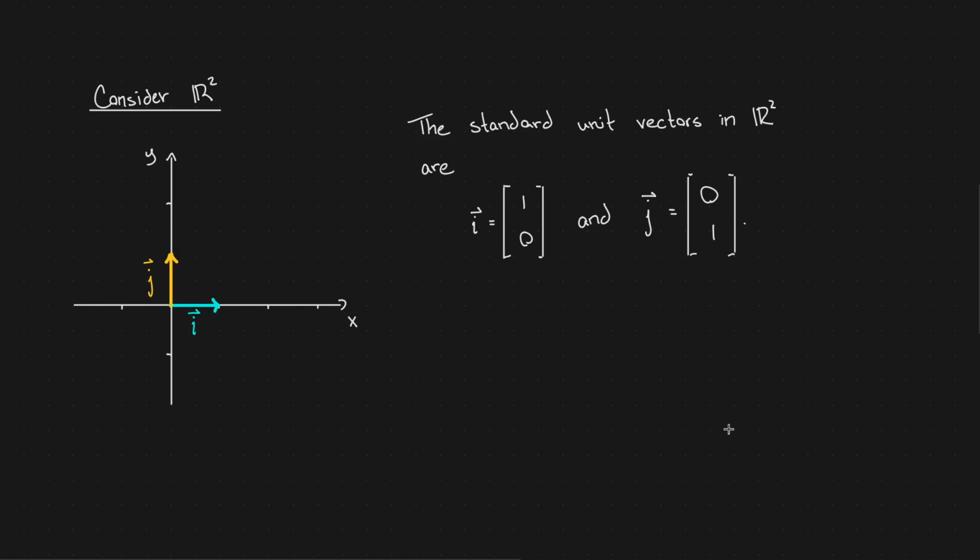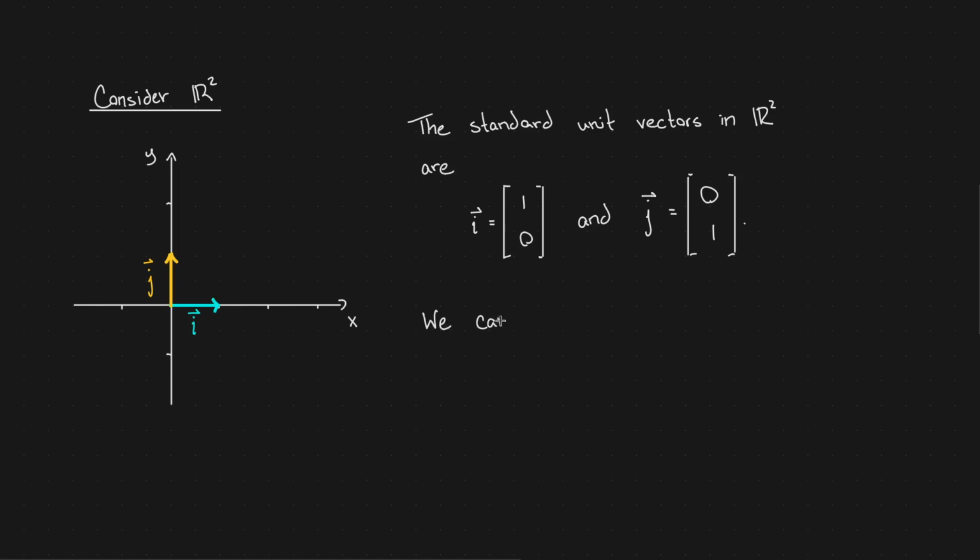We like the standard unit vectors because we can write all other vectors in R2 as a linear combination of vectors i and j. That's a term that's probably new to you, but linear combinations are going to be an idea that we come back to again and again. So let me show you what I mean.